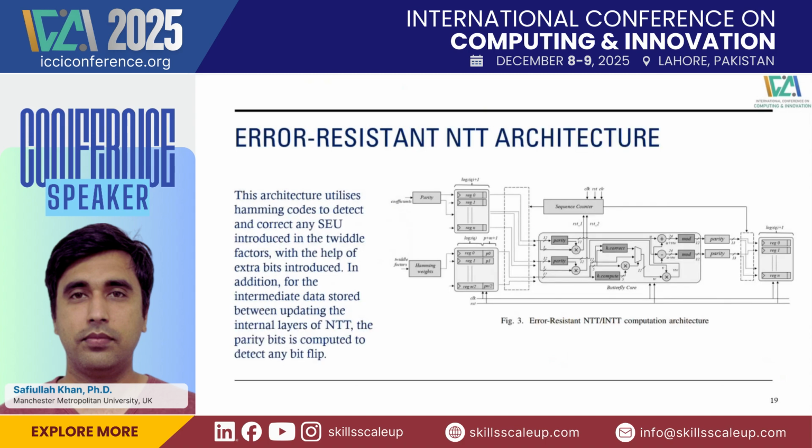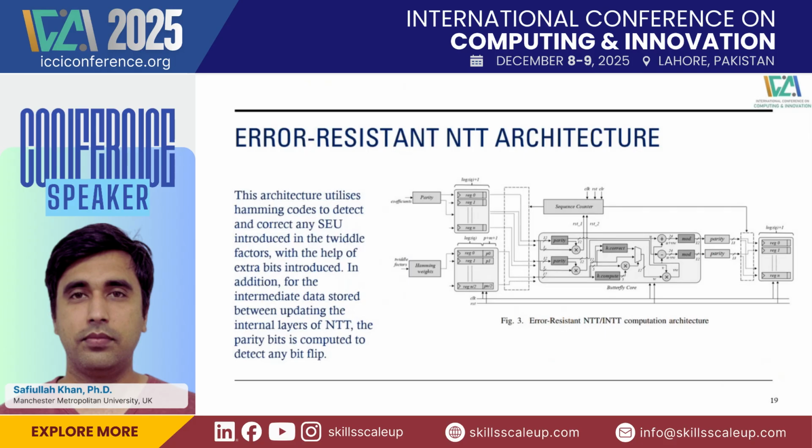But what I do is modify this architecture to introduce some capabilities where it can detect the errors and it can correct the errors itself. And for that, I have introduced some parity bits, some Hamming weights. So I compute some Hamming weights here, which are stored in the register along with the twiddle factors, and then repeat all the computations here.